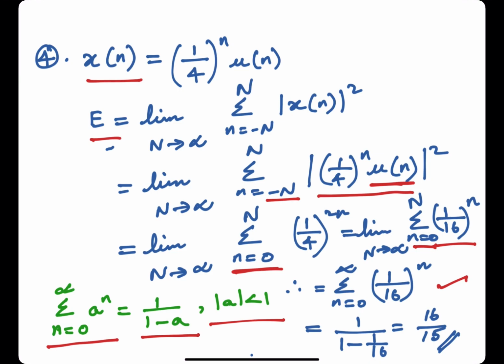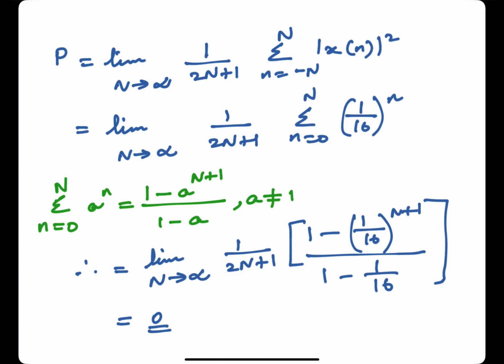So the summation limit we will change to n is equivalent to infinity. We will write it as summation n is equivalent to 0 to infinity 1 by 16 the whole power n, which can be written as 1 by 1 minus 1 by 16, which works out to 16 by 15. This is energy, so I can put it as joules.